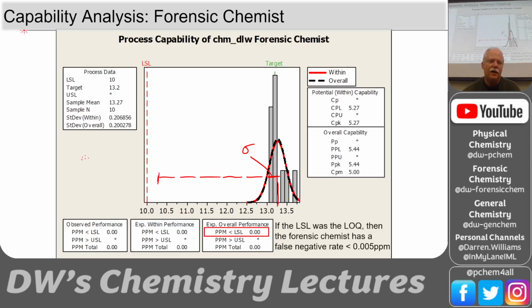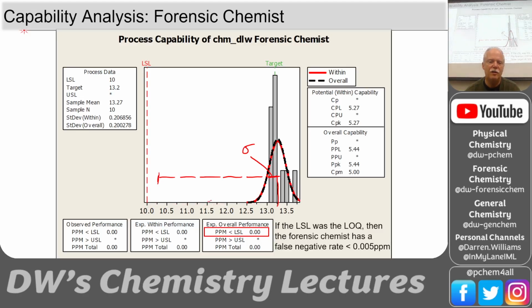If you are 6 sigmas away, and then they say long-term variation knocks a couple of those off, so it's like 4 sigmas away, then you're going to have 3 defects per million opportunities. So then after every million samples, you've got 3 false negatives, if you're 4 sigmas away from the spec limit 10.